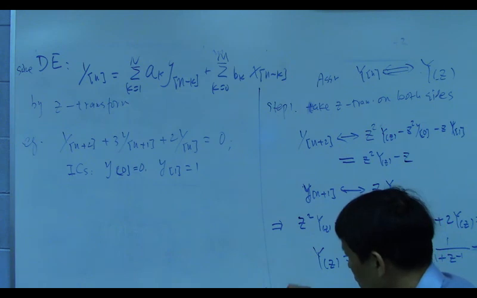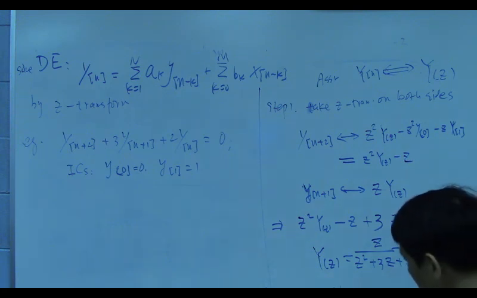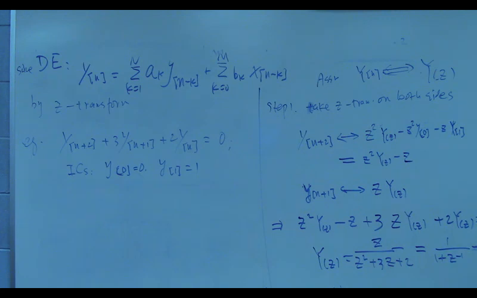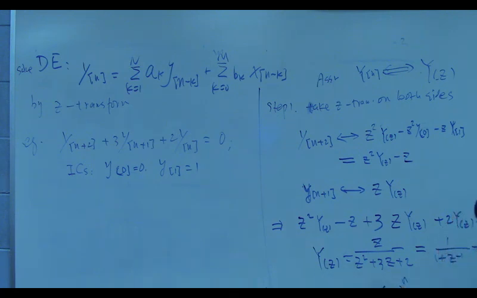Then this one is u(n), right? What is this? Minus negative 2 to the n, u(n), right?